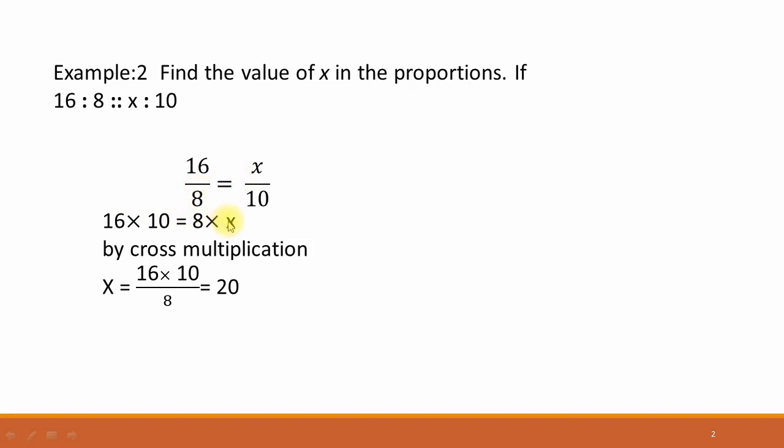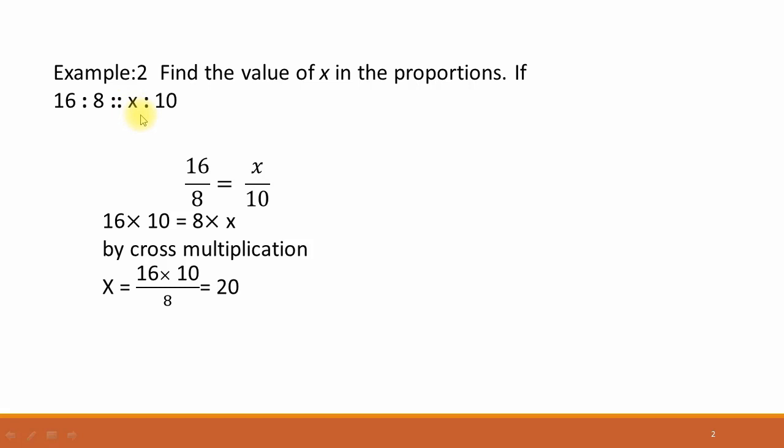Now we have to find the value of x. So dividing both sides by 8, 16 multiplied by 10 divided by 8. Now by simplification, 8 ones are 8 and 8 twos are 16 and 2 tens are 20. So in this proportion, the value of x is 20.